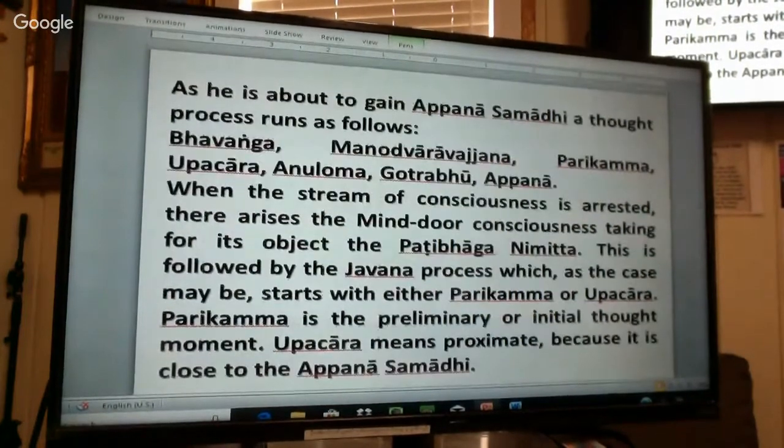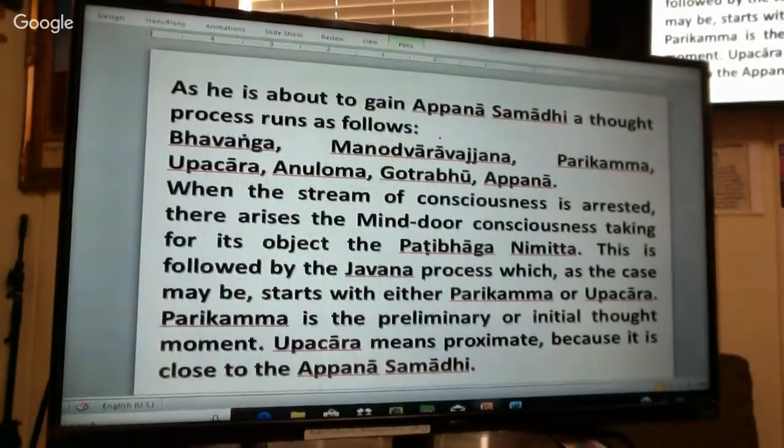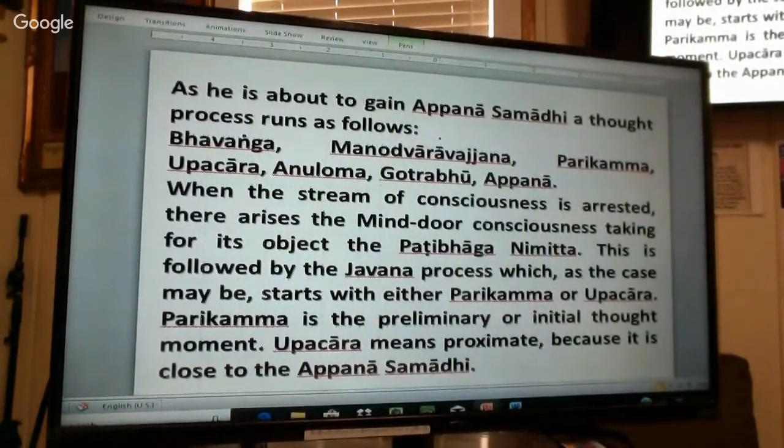So when we get concentrated on that object, we get a kind of thought process as follows. That is the jhana thought process. The jhana thought process is not very complicated like a sense-door thought process. The sense-door thought process has many kinds of consciousness walking, but in jhana, not too many.